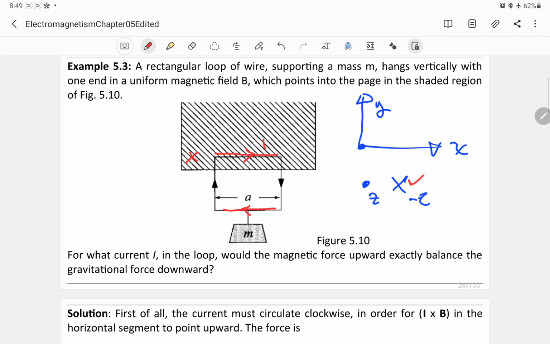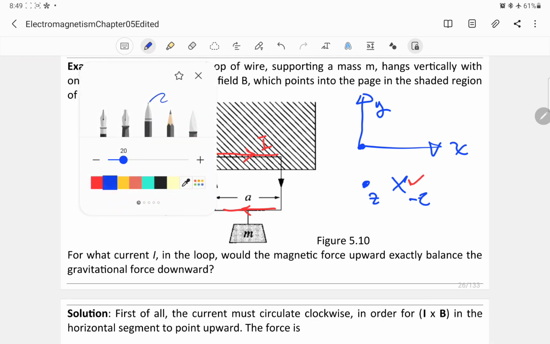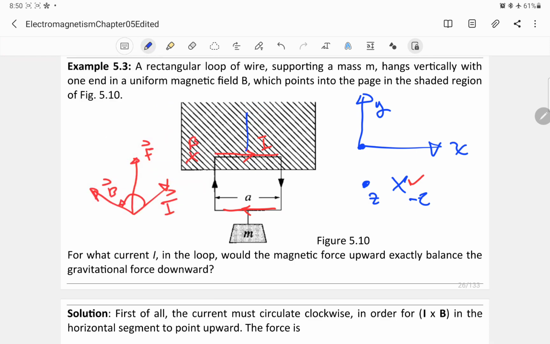So this is your I, this is your B. Using your right hand, I cross B: if you look at it, B would be like this and your I would be here, and if you cross them using your right hand, it gives you this force. Your force would be in this direction, going upward.